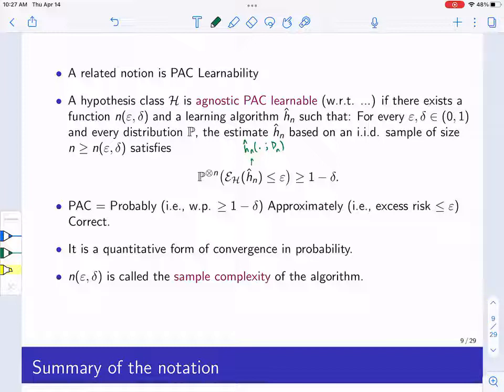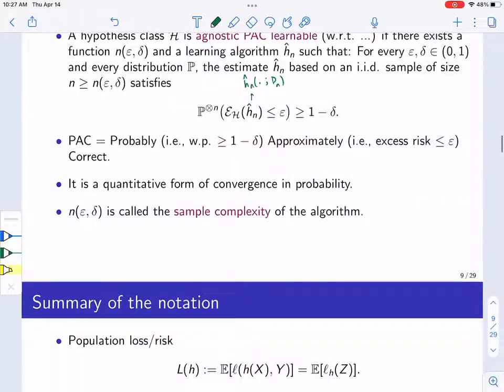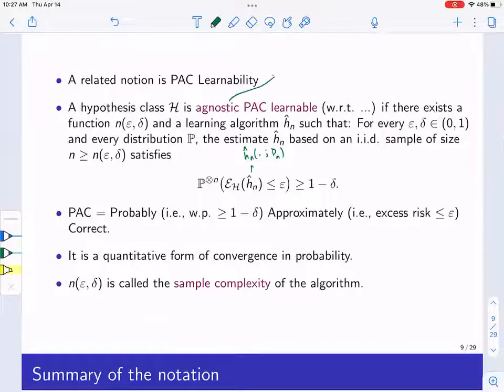Agnostic basically means the general PAC learning. PAC learnable, if I understand correctly, roughly means that H star belongs to H, which we're not assuming here.